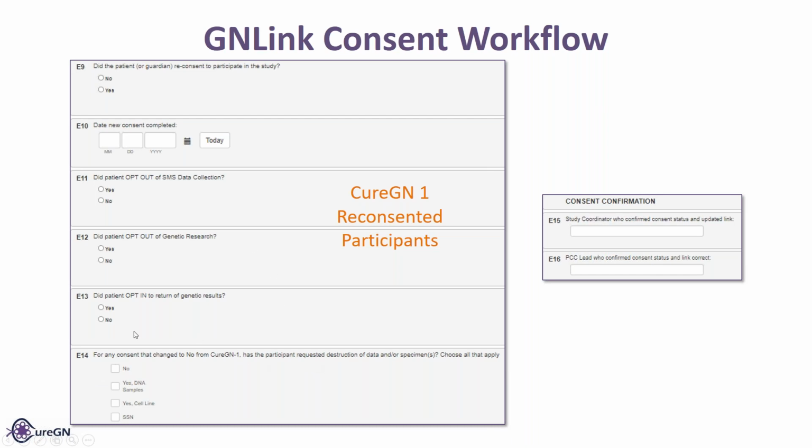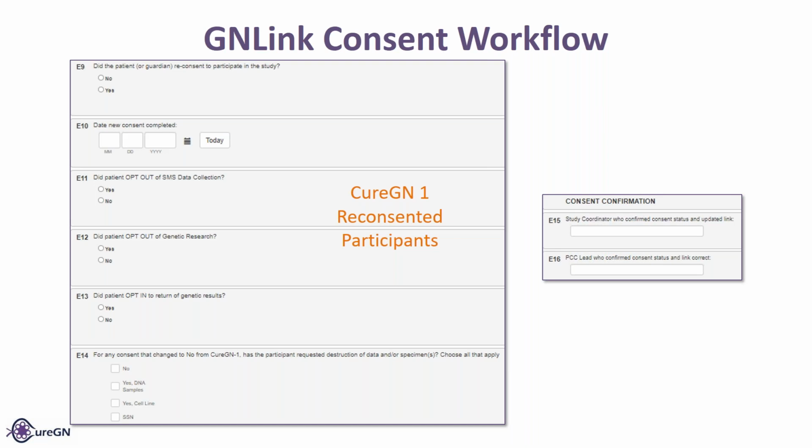And then the last section is for the consent confirmation, where whoever is confirming that the consent information is entered correctly into the system at the site would put their name in here, and then the PCC lead coordinator who confirms that it was entered correctly will put their name in there.